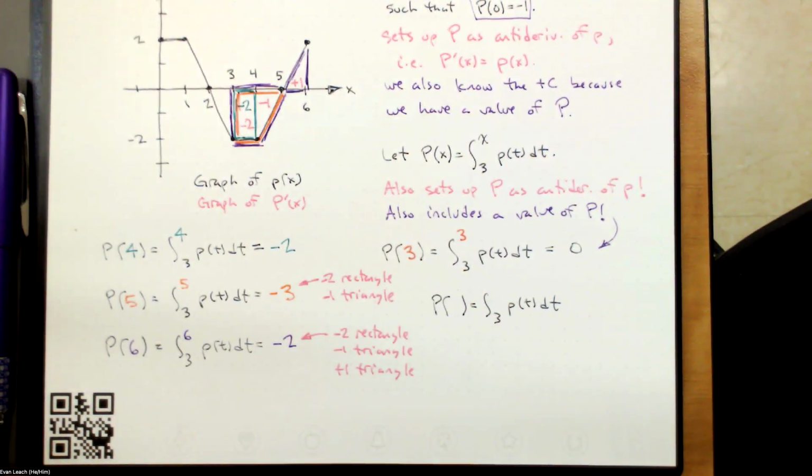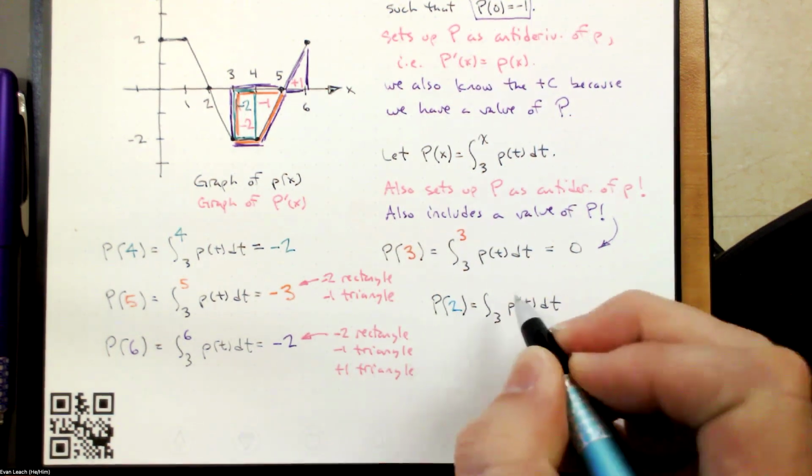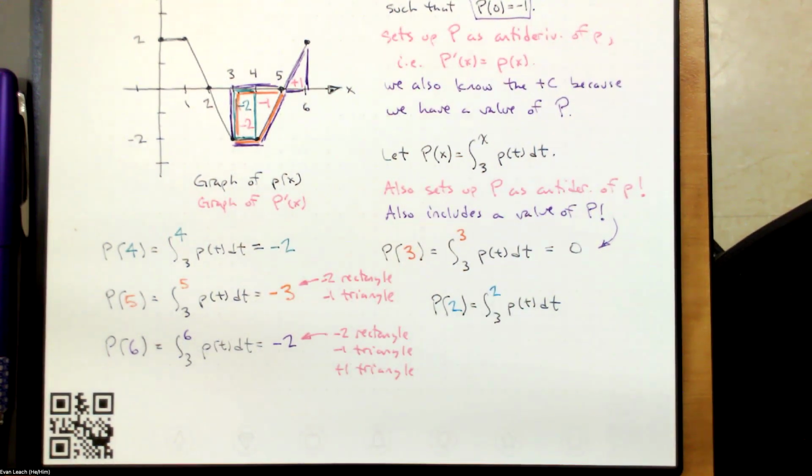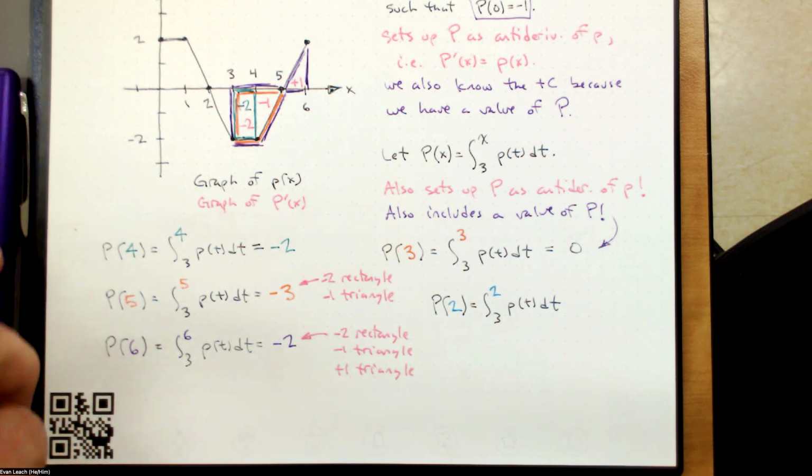So if I said to evaluate at 2, we integrate from 3 to 2. If we want to read this as area, the area is going to come from the integral from 2 to 3. The integral from 3 to 2 is the opposite of the integral from 2 to 3.